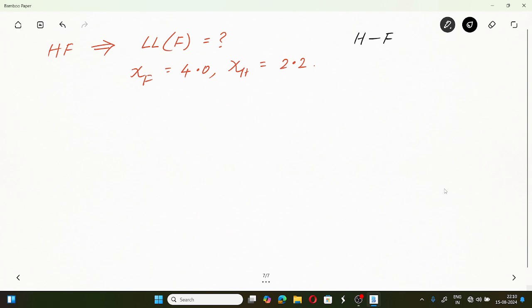In fluorine, you look at the number of electrons, there will be 7 outer electrons, and this is how we can write the structure.